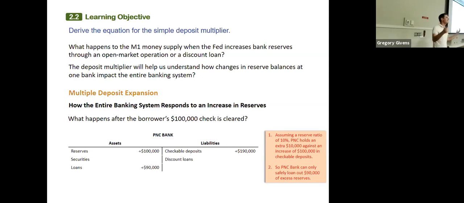There's $190,000 worth of new checkable deposits. This is the sense in which banks, quote, create money. They don't literally print the dollars, but what they do through the process of loans and then deposits and then more loans is expand the money supply through deposit expansion, loan deposit expansion.